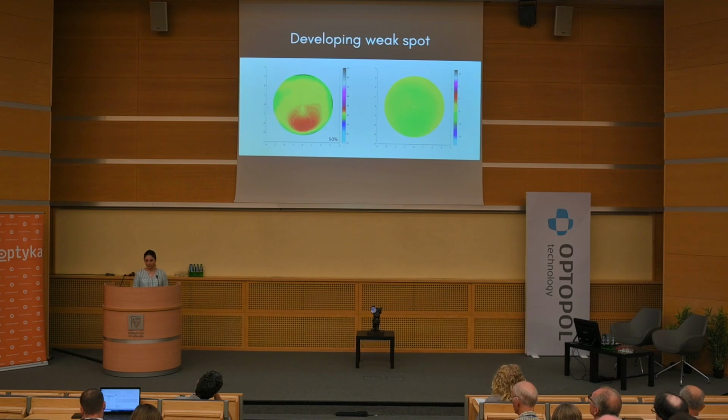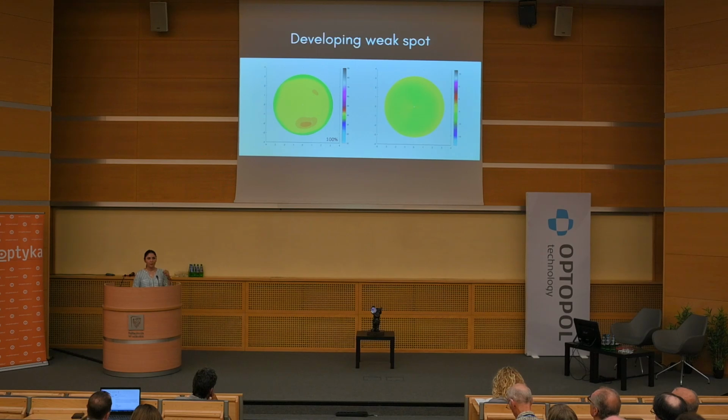As you can see in these pictures, for anterior and posterior tangential curvature maps, 100% means healthy cornea, and the stiffness in the weak spot in the inferior keratoconus decreases down to 25% of the healthy cornea.